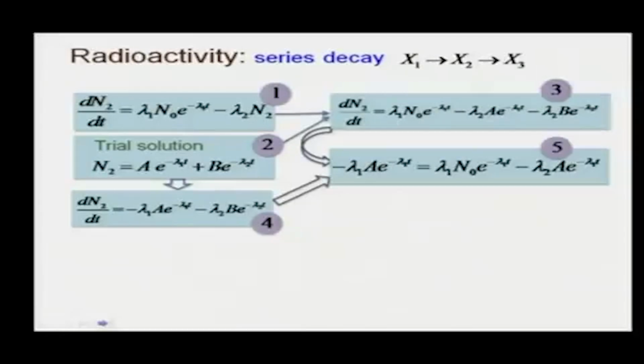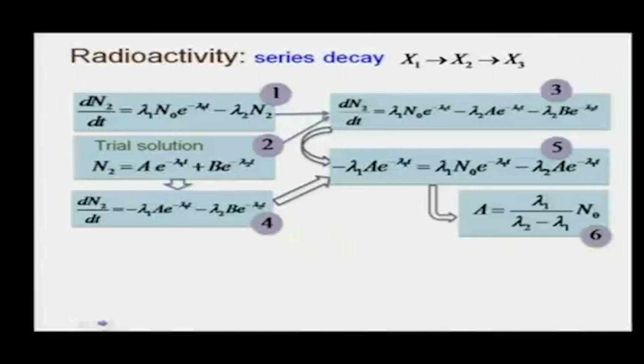Minus lambda 1 a e power minus lambda 1 t comes from the right hand side of equation 4, and that should be equal to lambda 1 n 0 exponential minus lambda 1 t minus lambda 2 a exponential minus lambda 1 t, coming from equation 3.